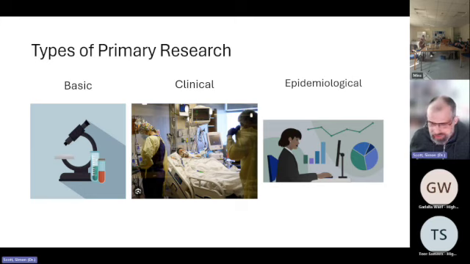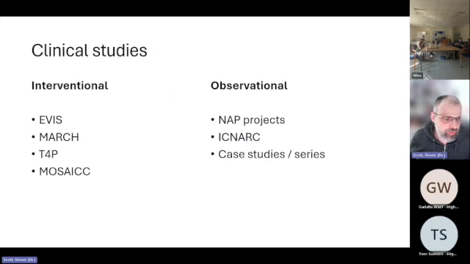So going into a little bit more detail, first of all, looking at clinical studies. Within the clinical studies group, there are 2 broad types of research: interventional research, which is what we're probably most familiar with, and observational research, which we are familiar with, but we don't necessarily recognize it as observational. I'll come a bit onto the main differences between them.